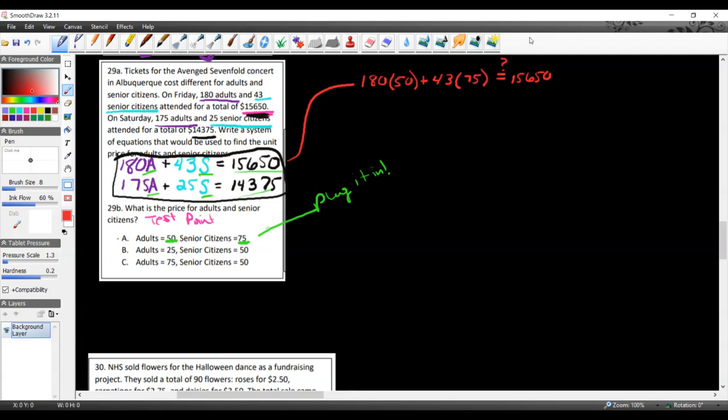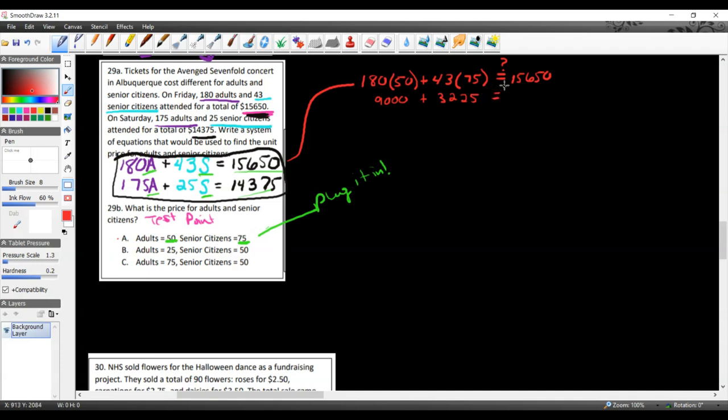Now, obviously, these are big numbers, so I do recommend that you get yourself a 4-function calculator, guys, because we are not going to provide that. The graphing calculator is just too easy with that one. We want you to think. So 180 times 50 is 9,000. You just have to trust me on that if you don't have a calculator. And then 43 times 75 is 3225.